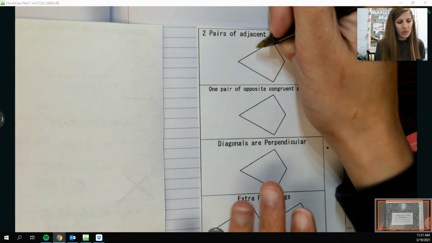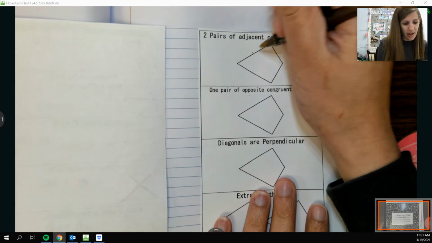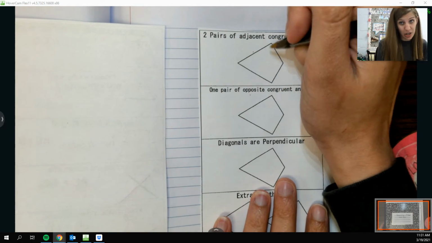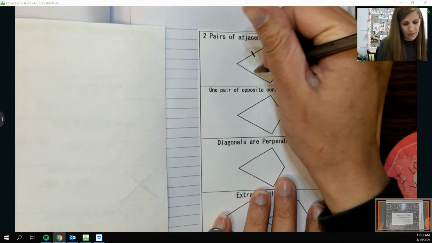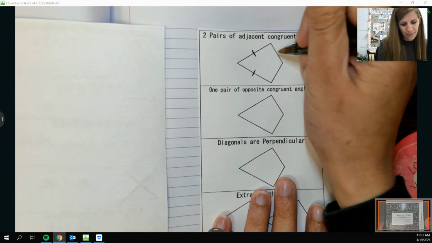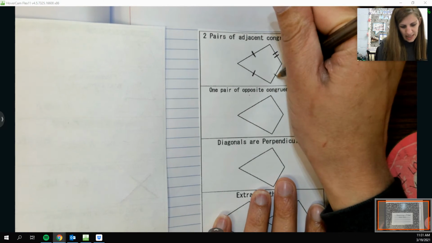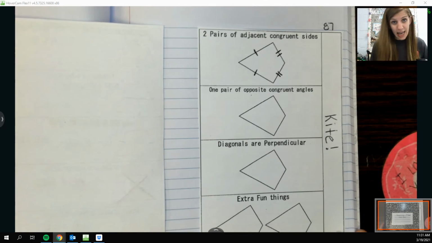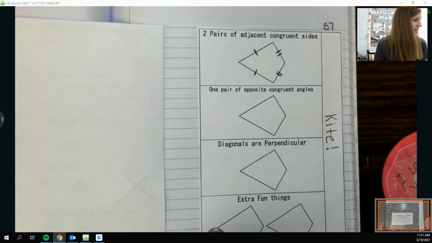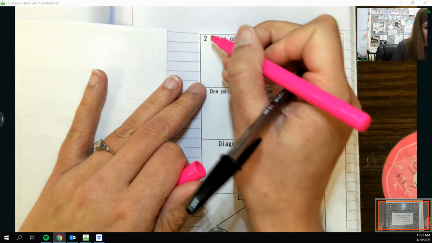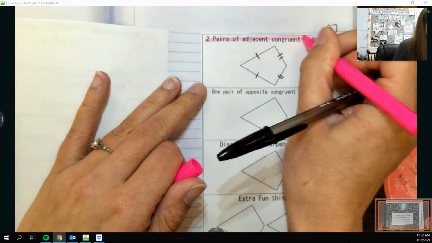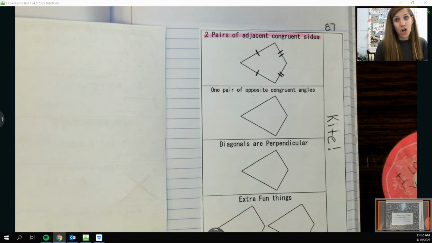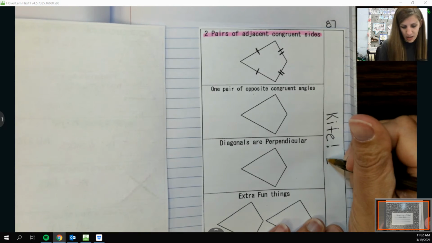However, two pairs of adjacent sides are congruent. These two are the same and these two are the same. So that's what makes a kite: two pairs of adjacent congruent sides, but no parallel lines.